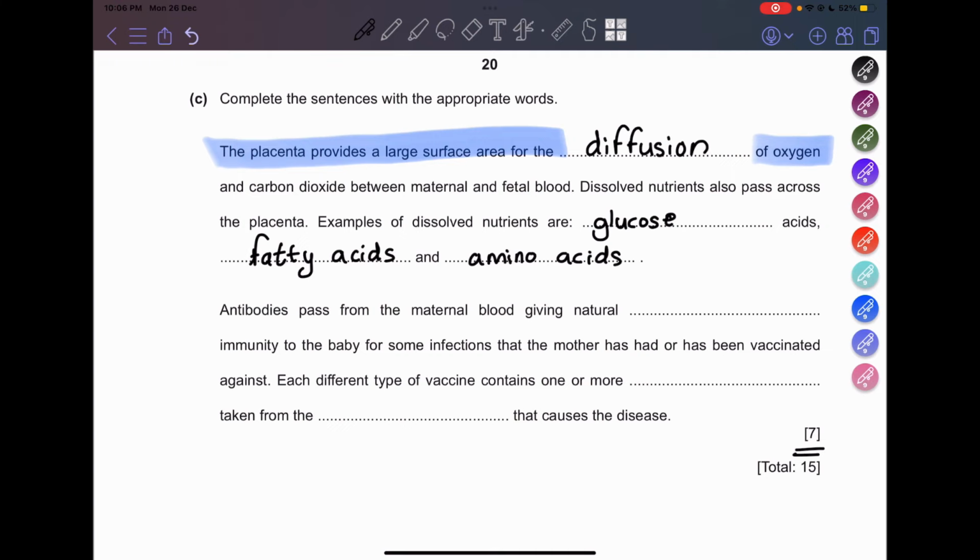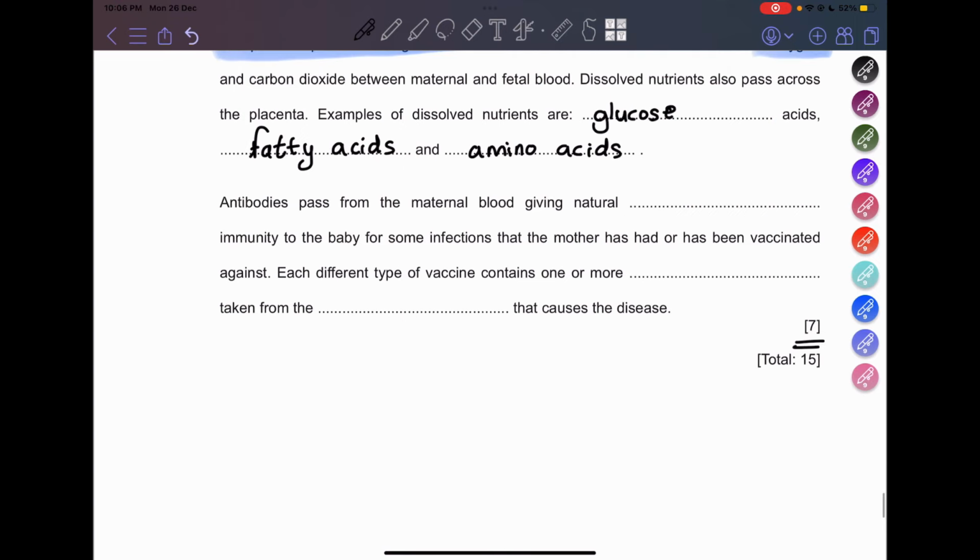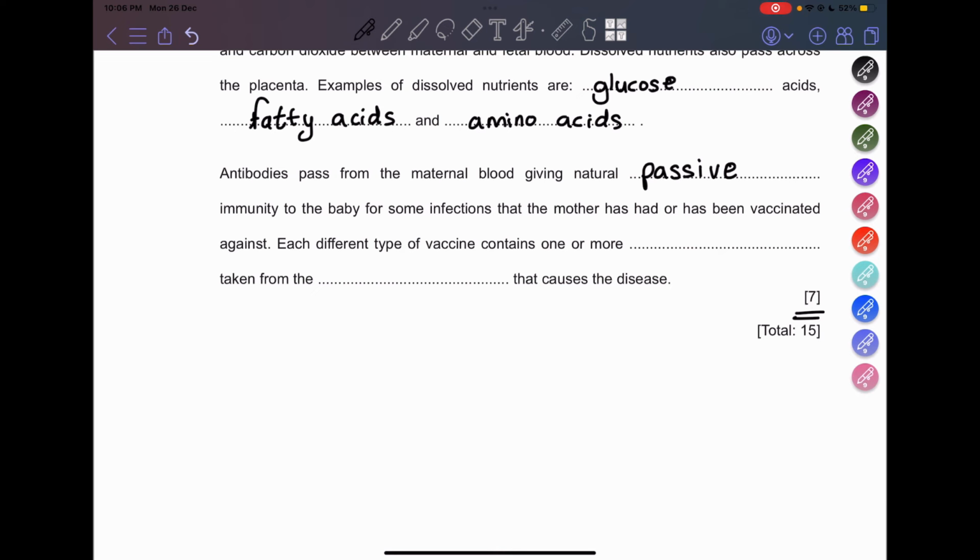So antibodies pass from the maternal blood, giving natural passive immunity. Of course, the maternal blood gives passive immunity, not active immunity, to the baby for some infections that the mother has or has been vaccinated against.